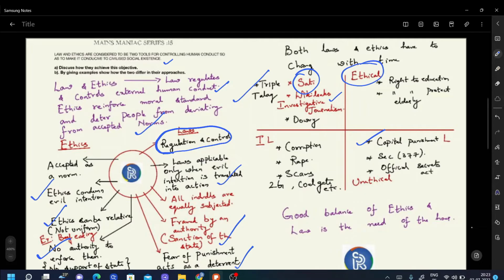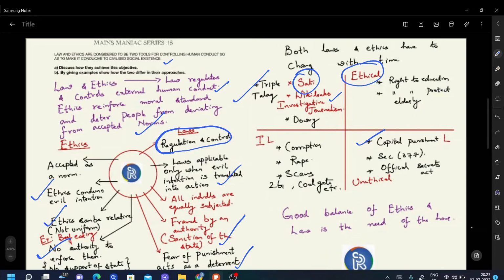Similarly, Section 377, which talks about criminalization of rights related to LGBT, is basically unethical.